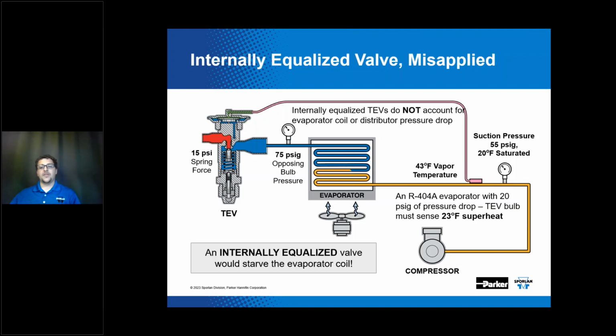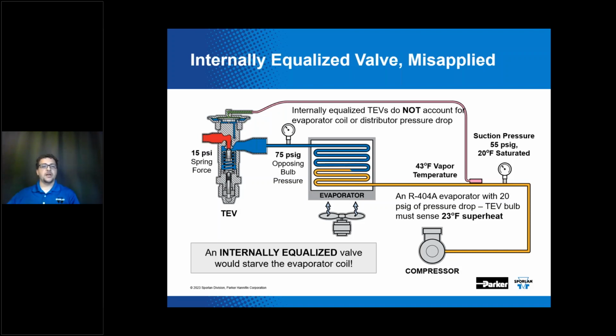So the end result now, because that evaporator pressure is a closing force, and if you go through the 3 fundamental pressures that we talked about on the previous slide, it happens to be the case in this example that the superheat is going to be 23 degrees. And that is way too high of a superheat, so you're actually going to starve this coil.